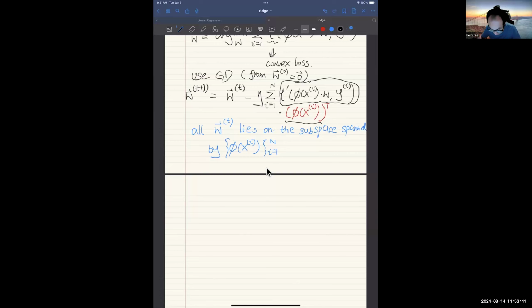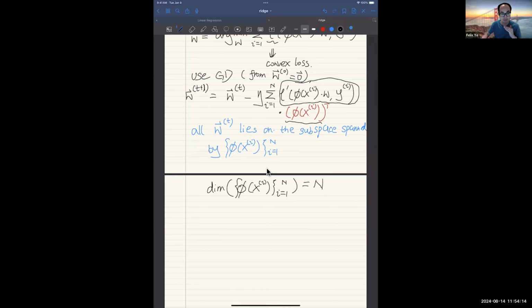That means everything that we're trying to do is subtract a vector that is spanned by phi of x_i, which in this case is n-dimensional. So basically this subspace right here is n-dimensional.